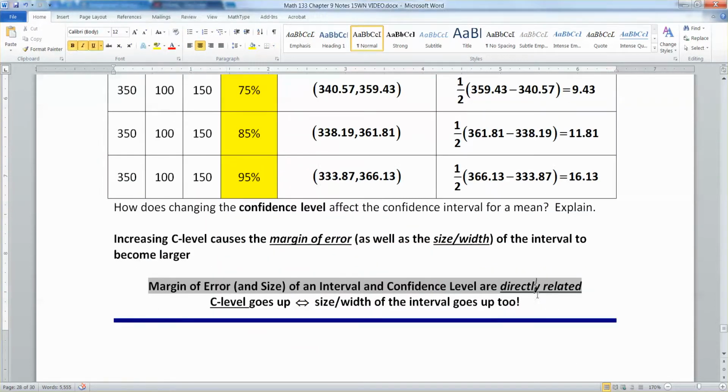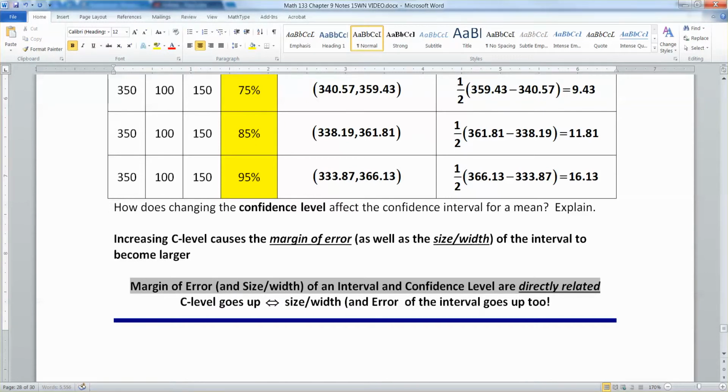And I just typed up what that means. So your margin of error and your size, or width, they're the same thing, of an interval, and the confidence level of that interval are directly related. In other words, if your confidence level goes up, then your size and your width of your interval also go up. Size, width, and error, actually. Okay?